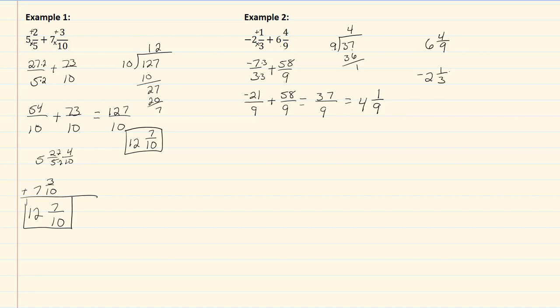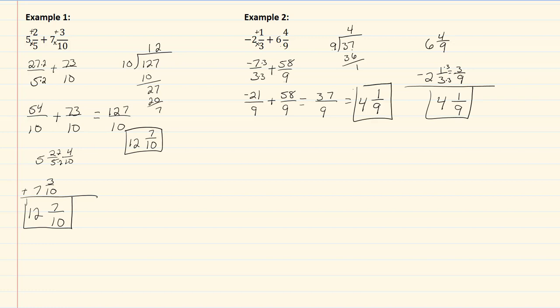Again, I need to get the common denominator, which we know is going to be 9. So I'm multiplying by 3 here, so I get 3/9. So I have 4 minus 3, which would be 1. My denominator's 9, and 6 minus 2 would be 4. And notice that I got 4 and 1/9, exactly what I got before.